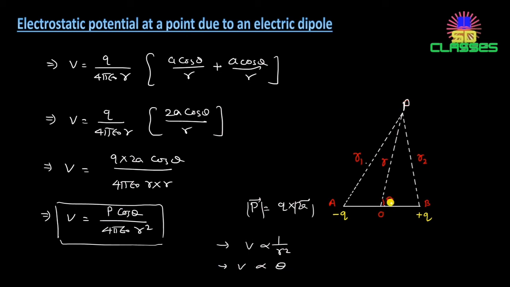Let me take theta as 0 degree and 180 degree, then theta as 90 degree, and find out the potential at the equatorial line and at the axial line.